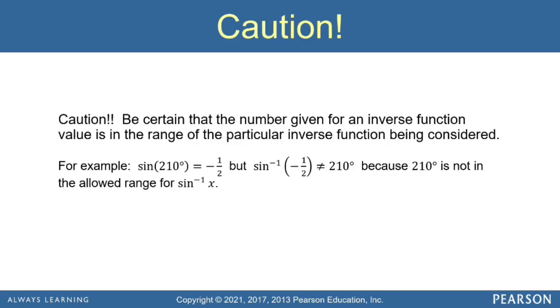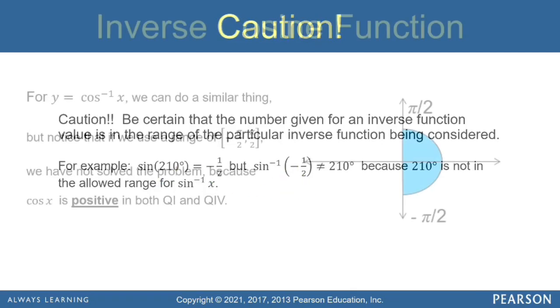For example, the sine of 210 degrees is negative 1/2, but as you know, the inverse sine of negative 1/2 can't be 210 degrees because 210 degrees is not in the allowed range. Sine inverse is always supposed to give an angle between negative 90 degrees and positive 90 degrees, or in radians, negative pi over 2 to positive pi over 2. So that's just something to be careful about.